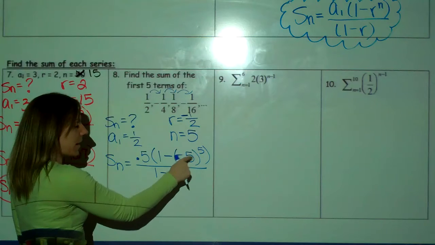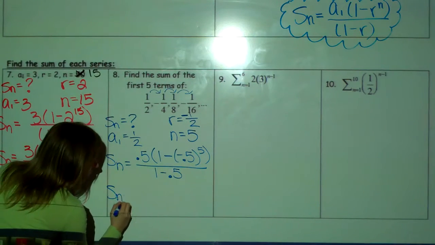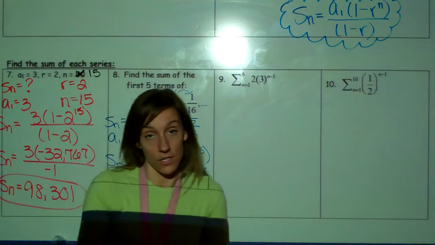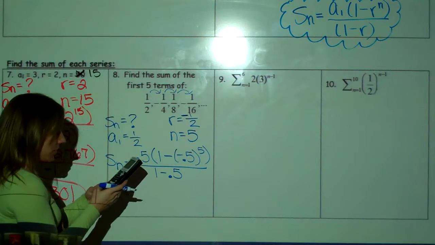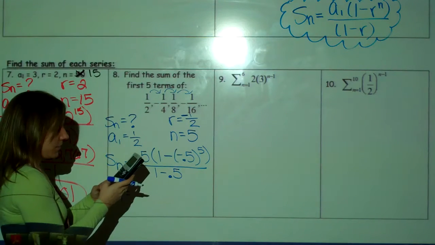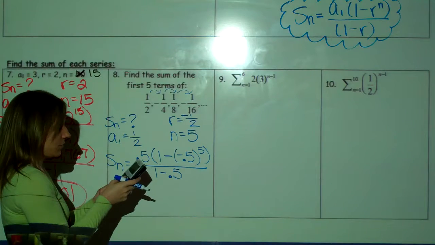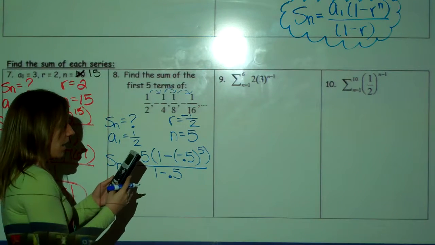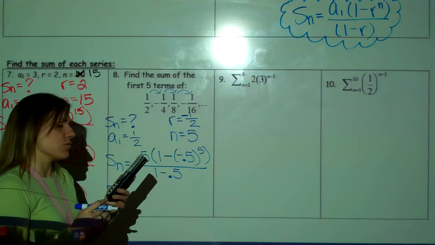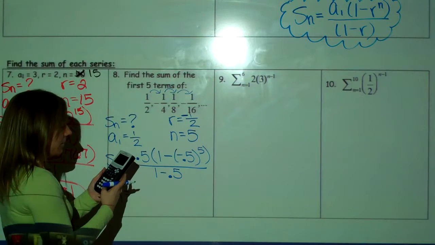It all depends on what the power does. But if you put that into your calculator the way it looks, you're going to be accurate when you get the output. So it's 1 minus negative 0.5 to the 5th power. That's 1.03125. And then I'm going to multiply that by 0.5.